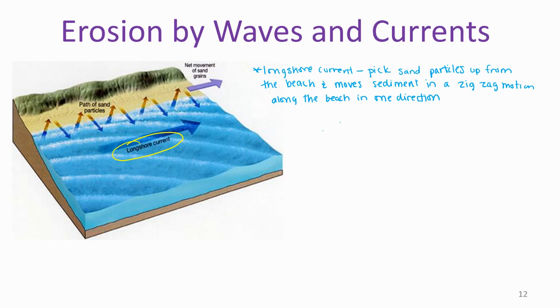As you can see, the longshore current is running along the shore, and the sand particles are being pushed onto the shoreline and then moved back out by the waves. And as they do that, they're being pulled down also by the longshore current. So our net movement of the sand grains is just along where the current is pulling it.